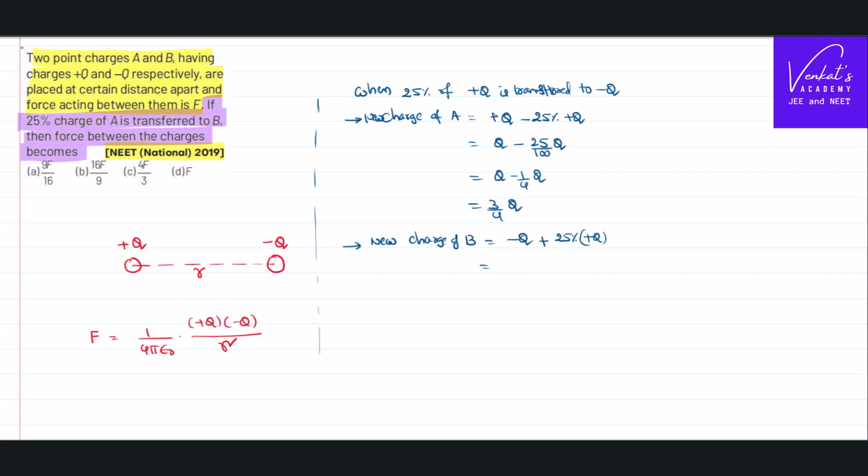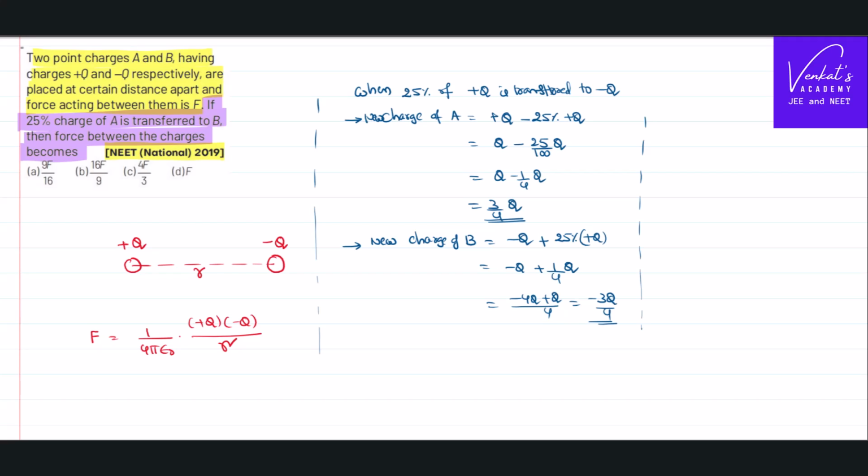So that will be minus Q plus 1 by 4th of Q. 4 is the LCM, so minus 4Q plus Q, that is minus 3Q by 4. So the first charge became 3Q by 4, the second charge became minus 3Q by 4. They are still opposite charges. There is still attraction between them.